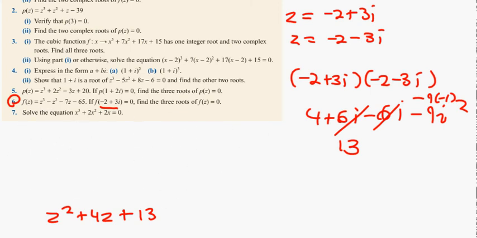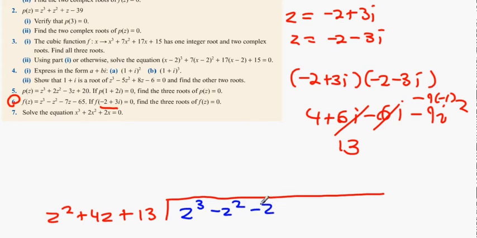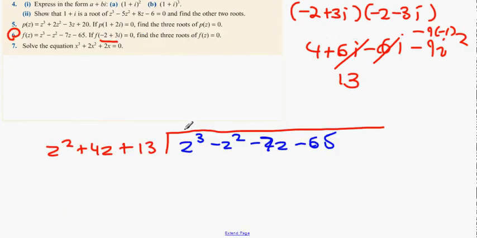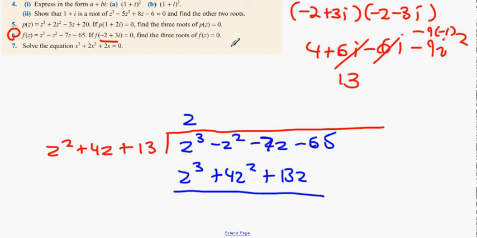Okay, and now we're going to divide it in. So we're going to get z cubed minus z squared minus 7z minus 65, and we're going to divide it all in there. So we're going to have a z, so we're going to have z cubed plus 4z squared plus 13z. Now we're going to take it away.